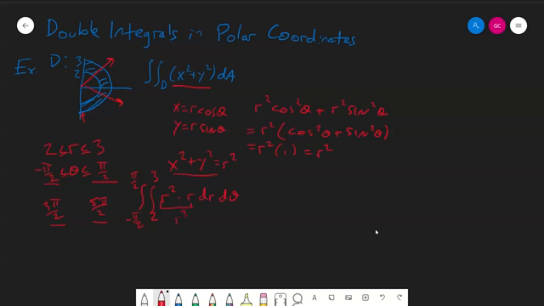So when I do the inside integral, you'll get 1/4 r to the 4th from 2 to 3. Well, 3 to the 4th is 81. 2 to the 4th is 16. And so you end up with 65/4 from the inside integral.